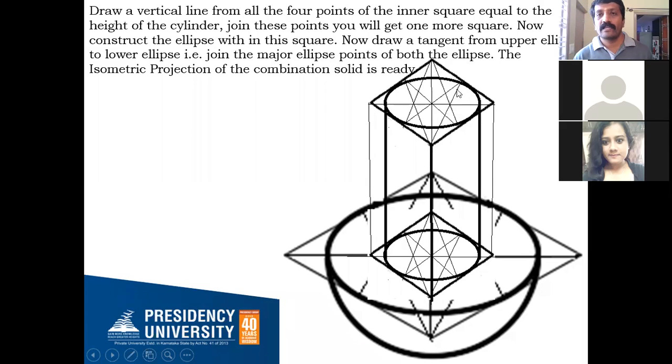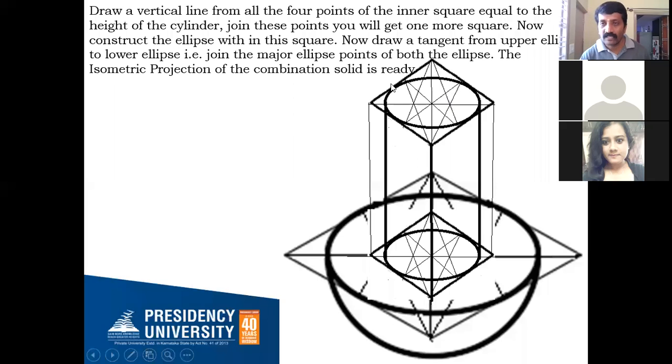After this, you get four points: 1, 2, 3, 4. With this as the center and this or this as the radius, cut an arc. This as the center, cut one more arc. From this intersection as the center, cut an arc. From this intersection as the center, cut one more arc. This completes the top face of your cylinder.